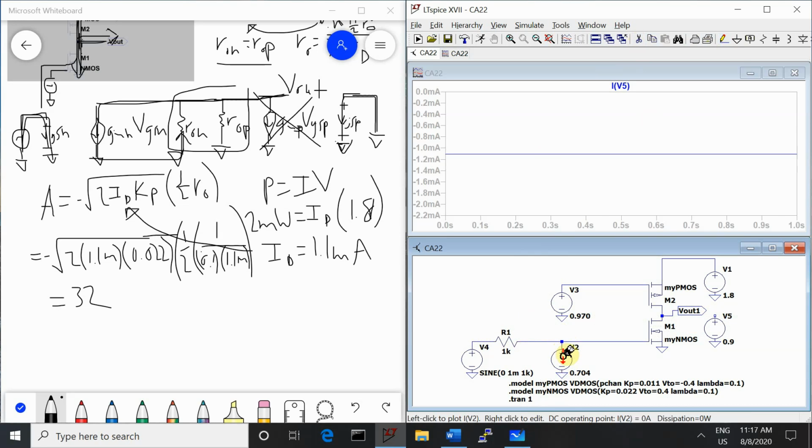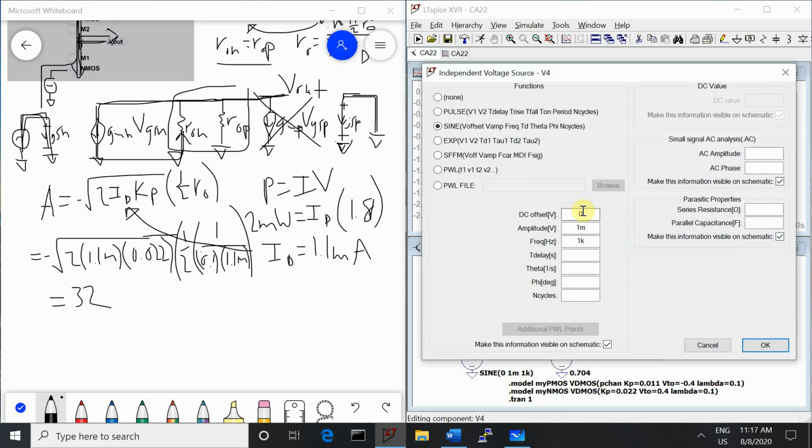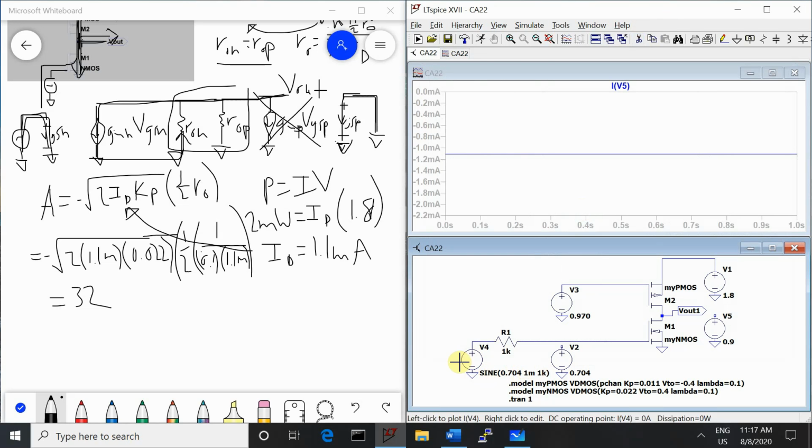We want to put this 0.7 volts in series with the sine source, so we add a DC offset of 0.704 to this sine wave. And we need our 1 kilo ohm source resistance as required by the problem.